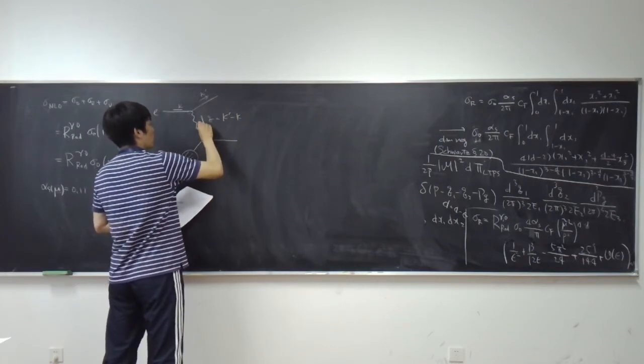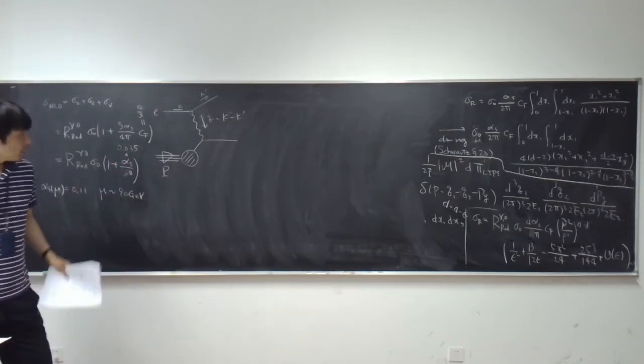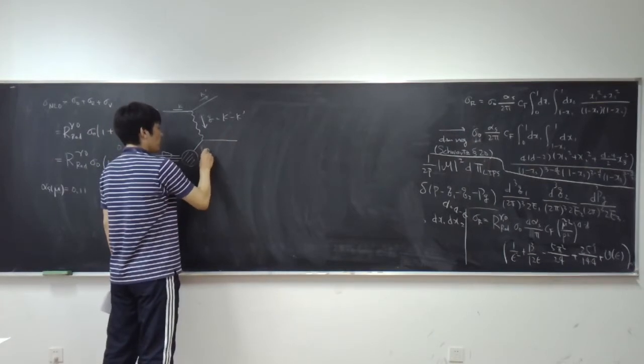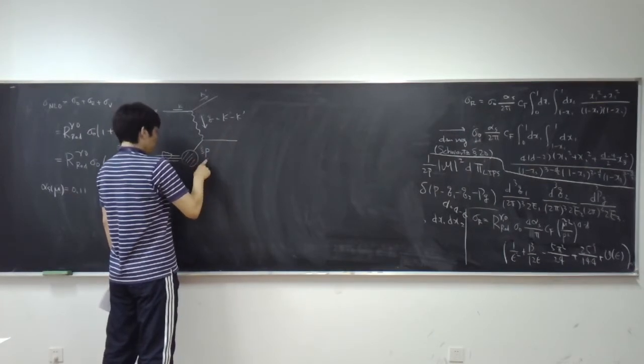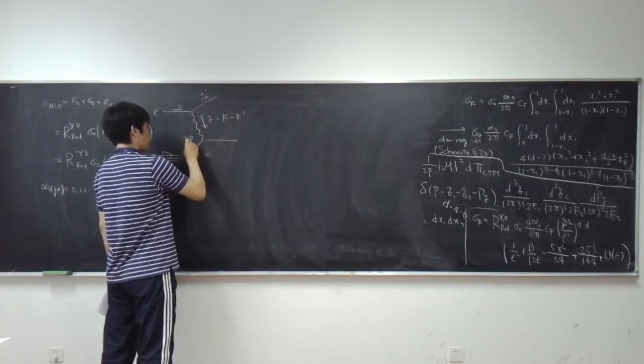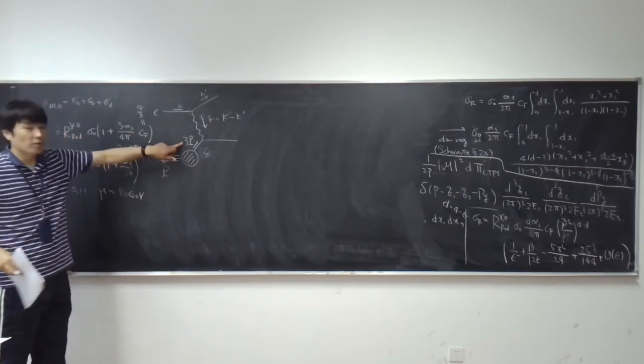This is the more natural convention, K prime. And today I'm going to call this CP. This is momentum CP. This is called the longitudinal fraction.